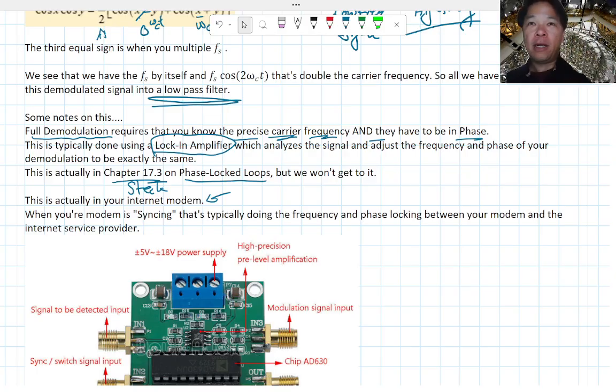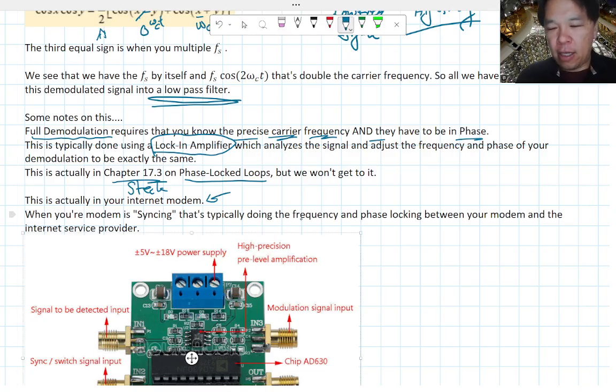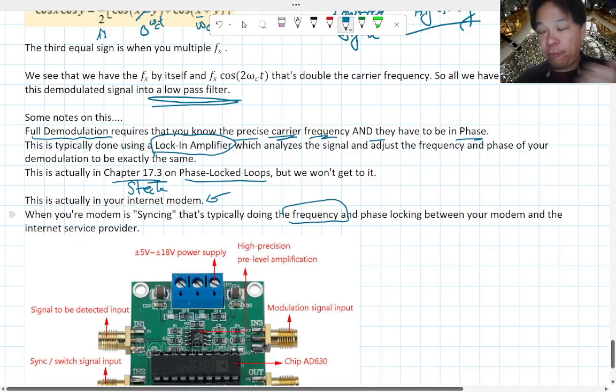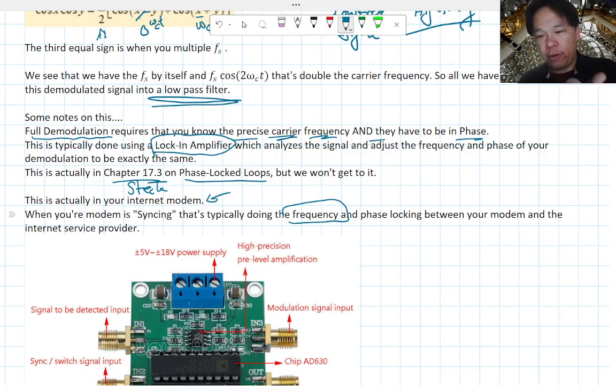When your modem bugs out and you lose internet, the first thing you do is you unplug it and plug it back in. When you do that, you may see a little yellow blinking light that says syncing. What is it syncing? Well, it's syncing the frequency between your modem and the internet service provider, so it has exactly the same frequency and also the same phase.